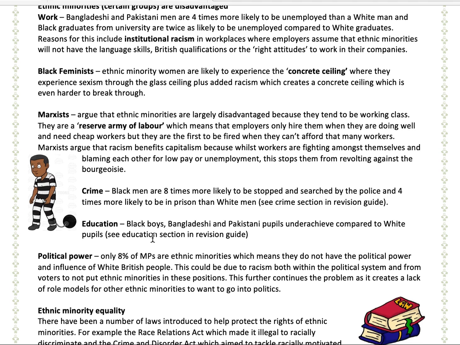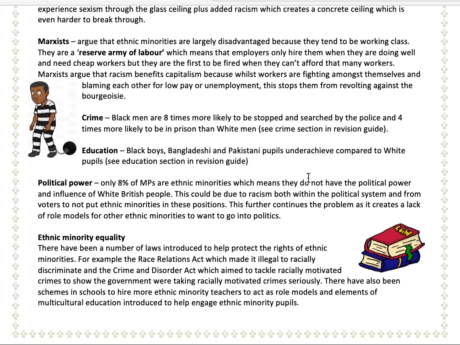The education system, so obviously white working class boys are the lowest achieving in the education system, but here if you take social class out of it, then you can refer to black boys and Bangladeshi and Pakistani pupils being more likely to underachieve in relation to white pupils if you factor in social class and gender as well, because depending on the question, your point might need to be an ethnic minority group that you're saying are disadvantaged.